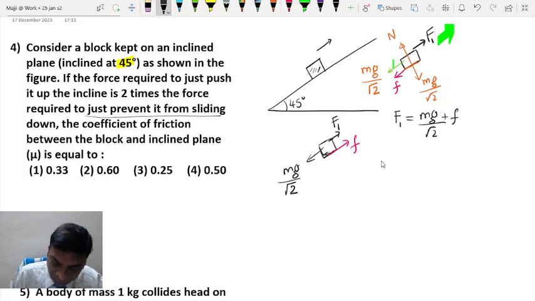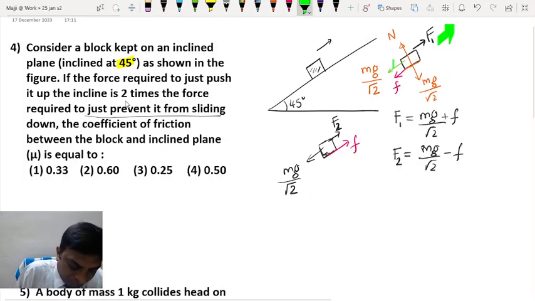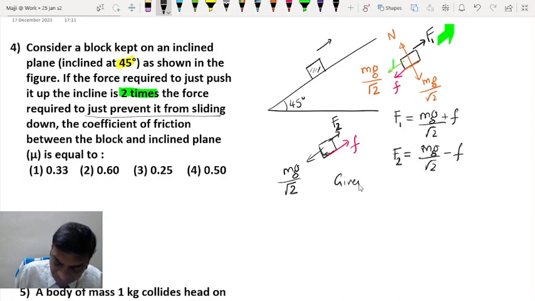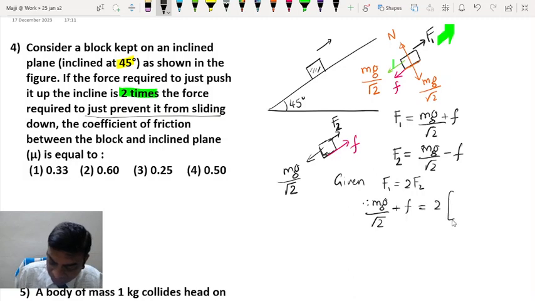Again, if we apply the condition of equilibrium, we have F equal to mg by root 2 minus f. This time I will take the force F2. As per the question, F1 is 2 times F2, so mg by root 2 plus f is equal to twice of mg by root 2 minus f.